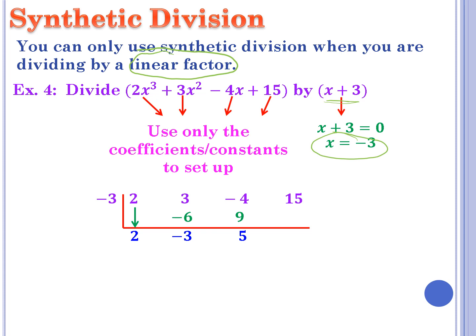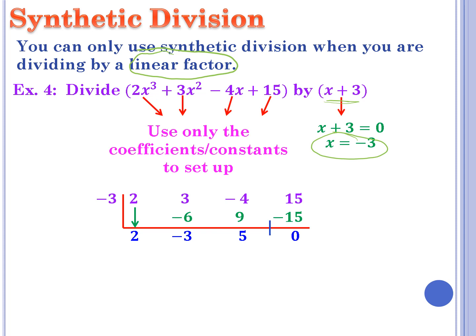Then I'm going to put a little bar before I get to my last term. I always like to do this before I get to my last term, and you're going to see why in just a second. So now I'm going to repeat and do -3 times 5, which is -15, and add down the column.